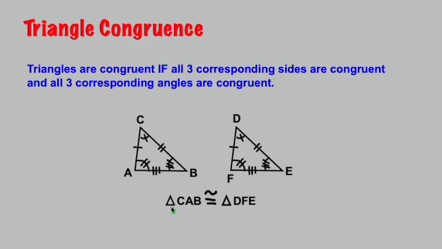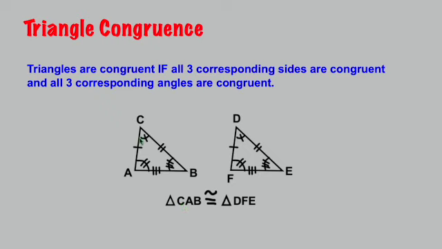So I have down here triangle CAB is congruent, and by the way, that's how you say congruent instead of writing out the word: you have an equal sign with a little squiggly mark above it. If I say CAB, I have to say triangle DFE, and here's why.